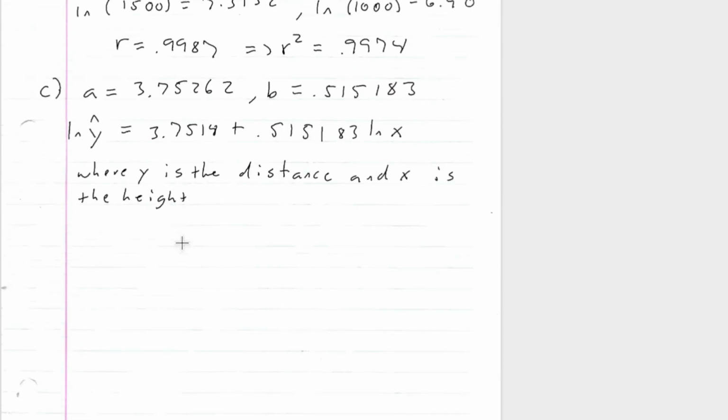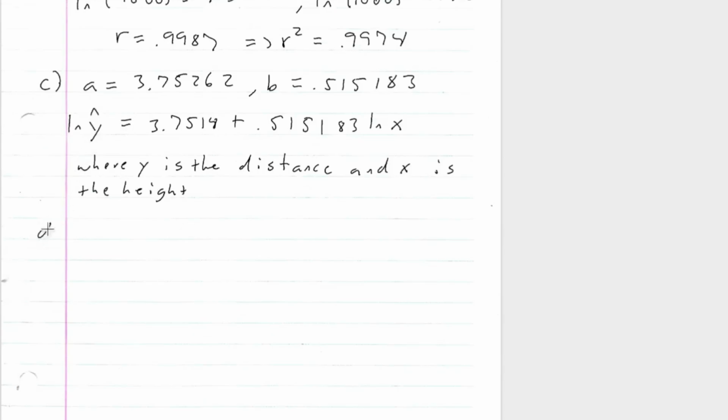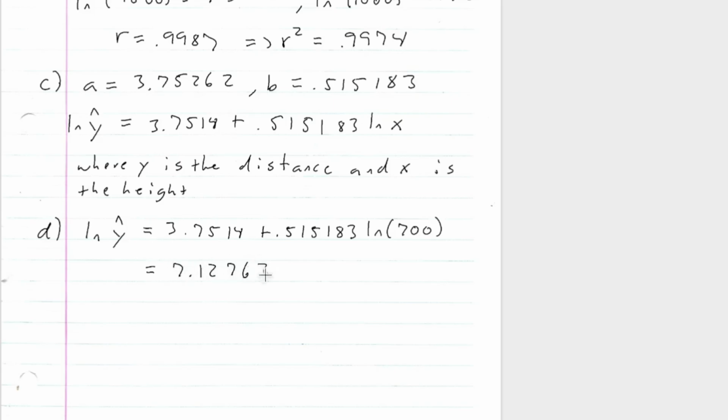All right, so part D, we know that ln of y hat is equal to 3.7514 plus 0.515183, and then this is going to be ln, natural log, 700, which we do this to get 7.12763.